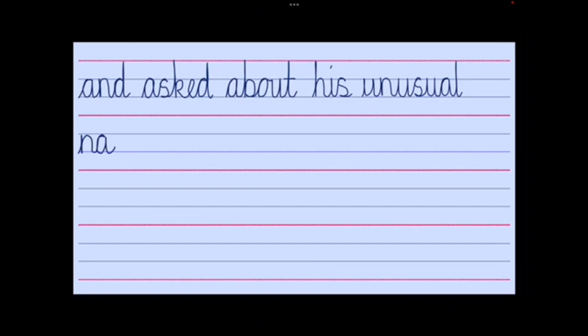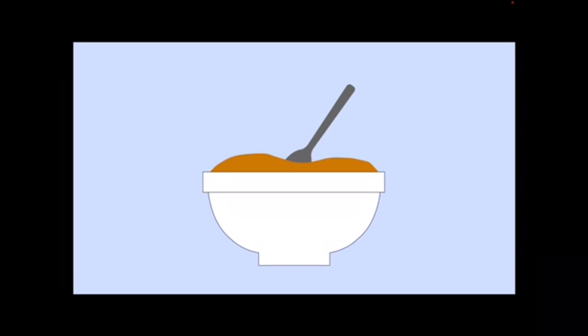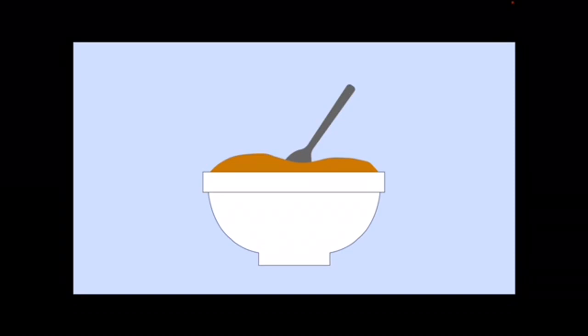Name. His real name is Sugar, but Sug reminds me of the spelling. So here's our sugar, a bowl of it, brown sugar. It's a good way of remembering how to spell it.